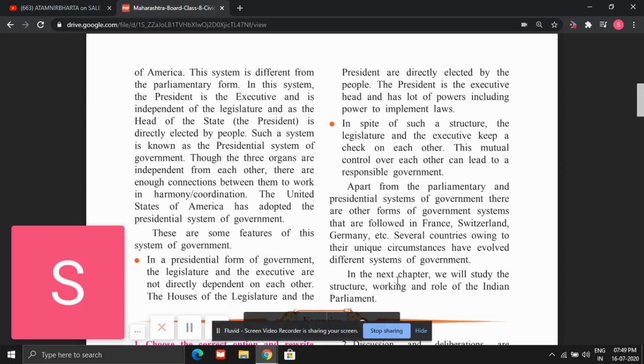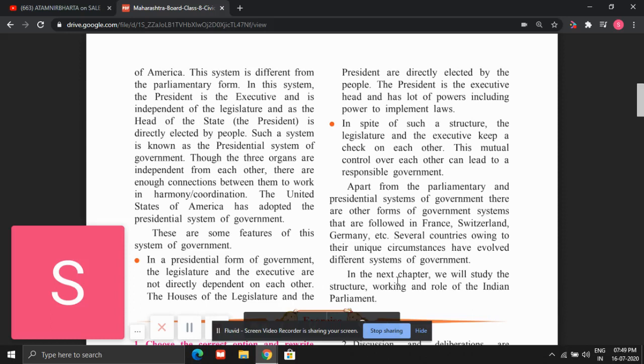Because their situations are different, their system of government is also different. So France, Germany, and Switzerland have not adopted the parliamentary or presidential system of government. They have a separate system of government.